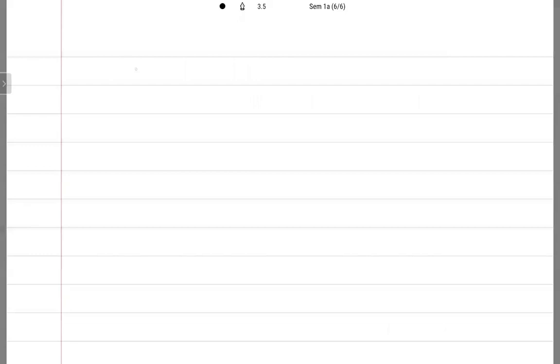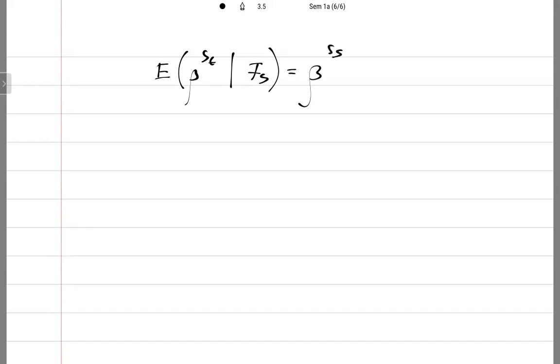Okay, now we need to find the other value of beta. What is the main condition? The expected value of beta to the power S_t given F_s should be beta to which power? S_s. Okay. Let me write S_t in terms of S_s and changes.